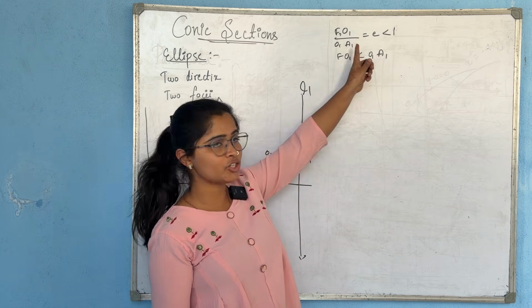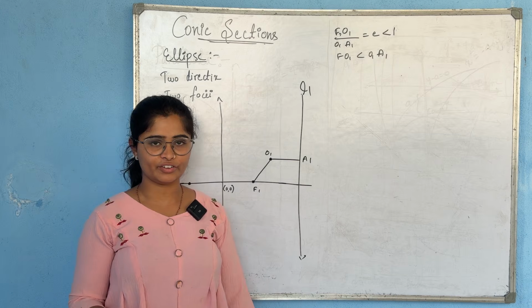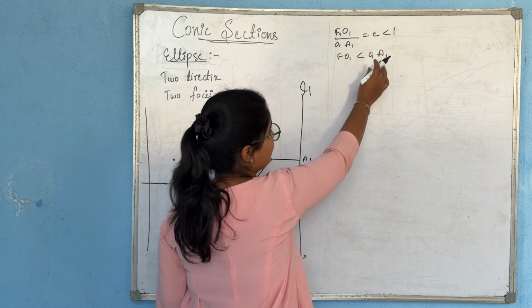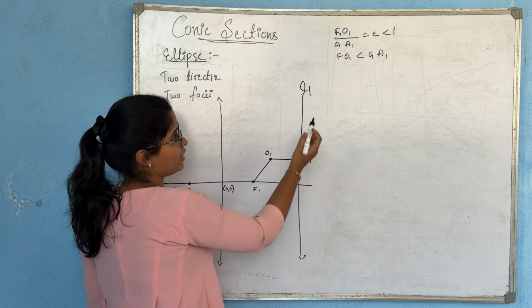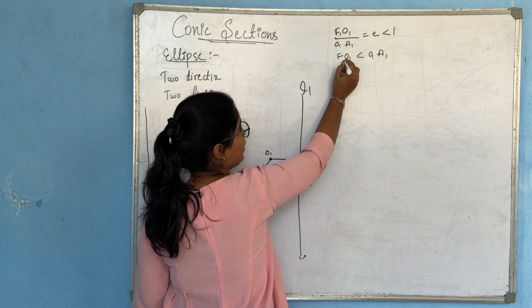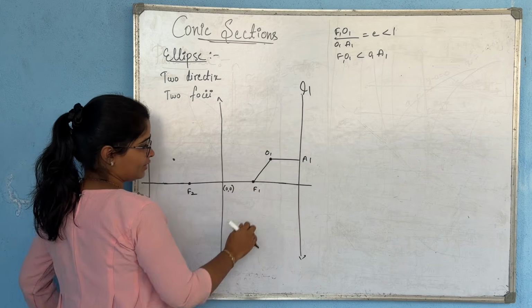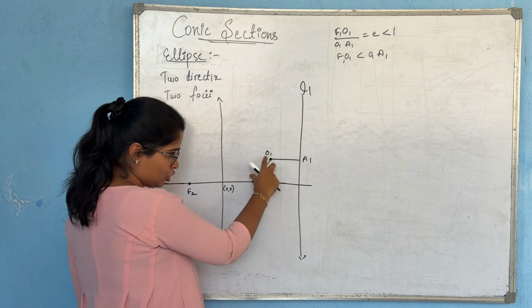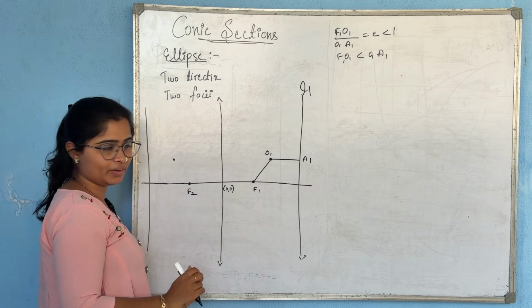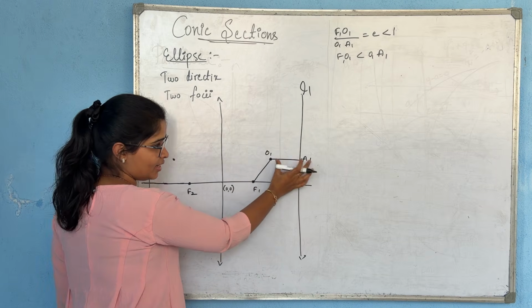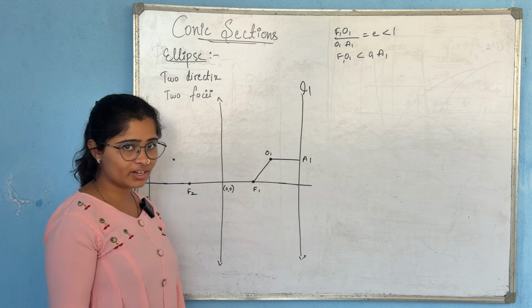This eccentricity should be less than 1 according to the definition of ellipse. If this has to be less than 1, it means that the distance O1F1 should be less than the distance O1A1. So if this is the small distance and this is the larger distance, then only we will get the ellipse.